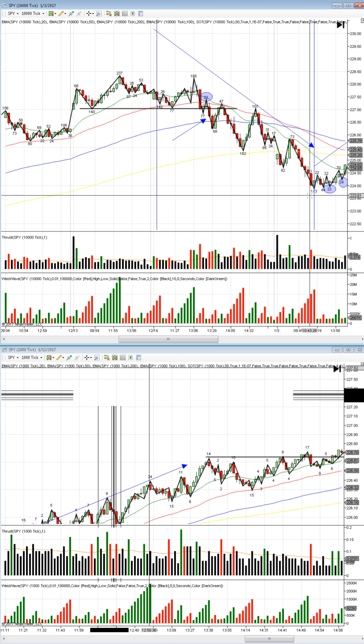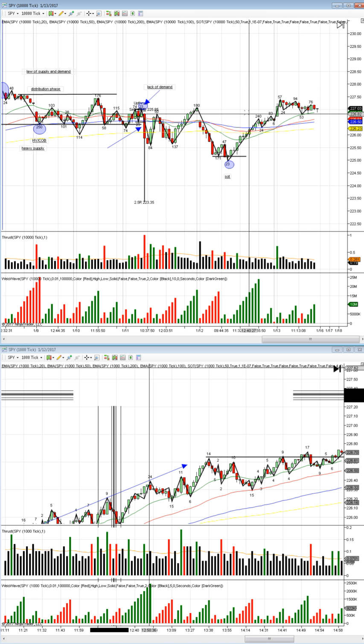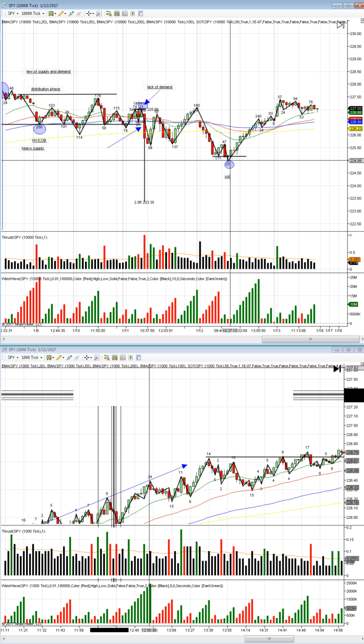Alright, so where was I? In this case, you have a shortening of the thrust on lack of volume. All this is telling you is I don't have any more sellers. This is considered very low volume for this particular market on this particular time frame. Most folks will just look at the histogram and see, oh, this is low.